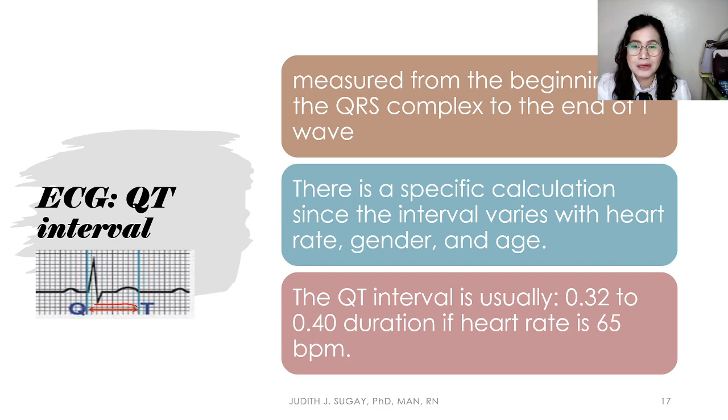There is a specific calculation actually, since there is interval variation depending on the age, heart rate, and gender. However, QT interval is usually 0.32 to 0.40 seconds in duration, if the heart rate is 65 beats per minute.